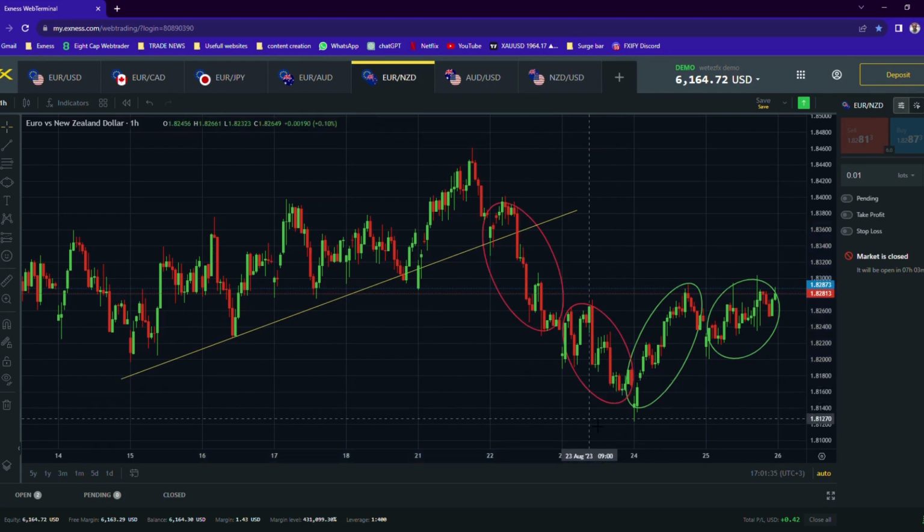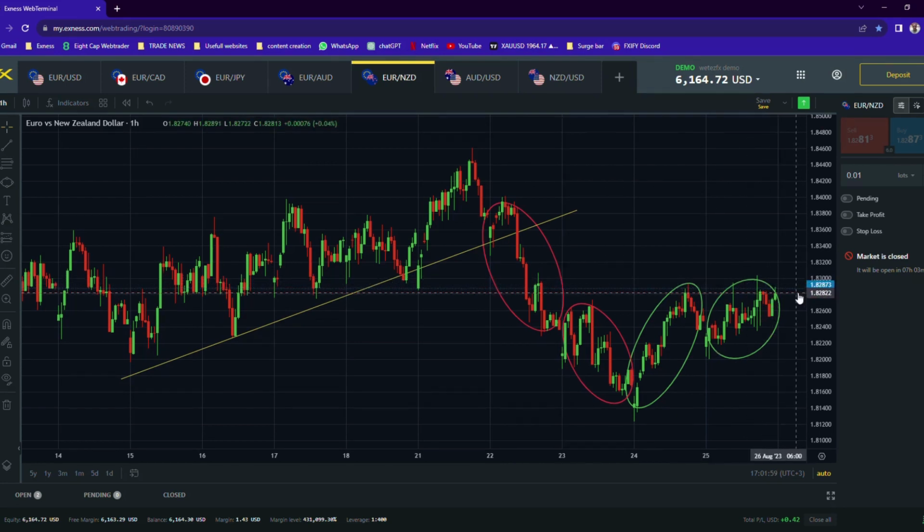22nd and 23rd, we are looking at big pushes to the downward side, and 24th and 25th, we are seeing retracement back to the supply levels, and it's creating some kind of resistance around 1.83 and 1.829 or 28 around there.